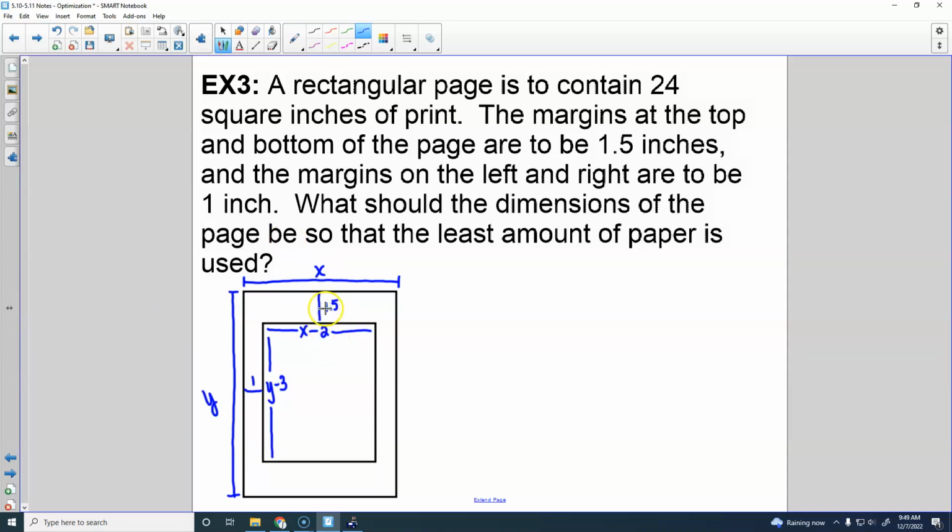The margins are 1.5. So you got 1.5 inches up here and another 1.5 inches down here that are being subtracted. And same thing here, you got 1 here and 1 here that you're subtracting.